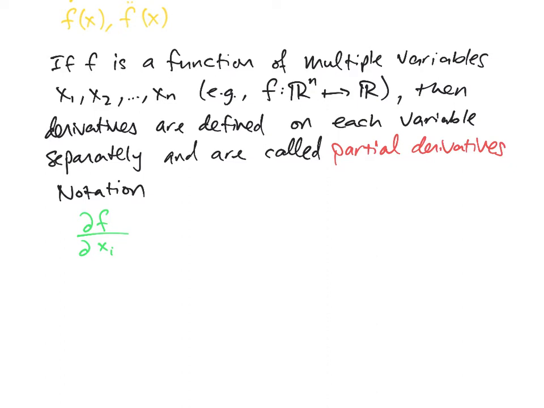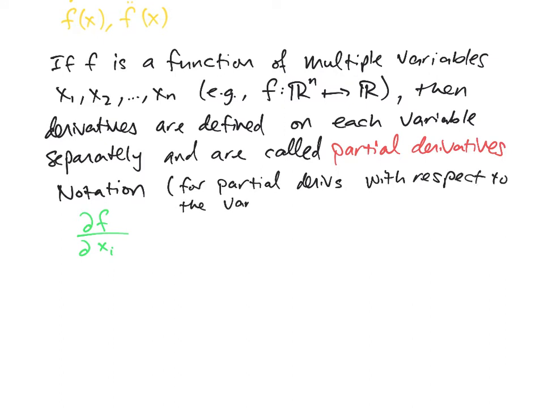So let me add a note up here: this is the notation for partial derivatives with respect to the variable xi. It could be any one of x1, x2, all the way up to xn. So if you are just taking one partial derivative with respect to xi, that's how you write it.